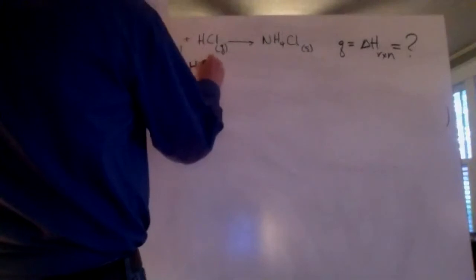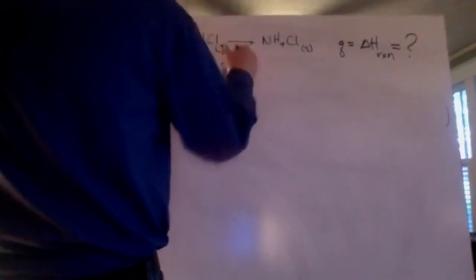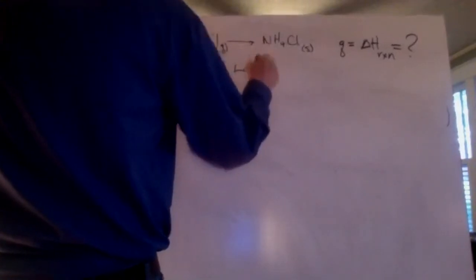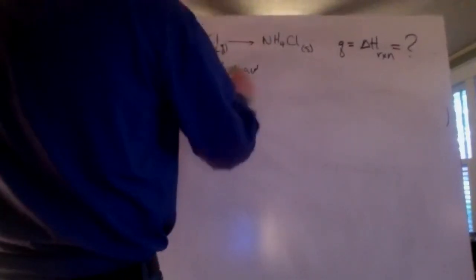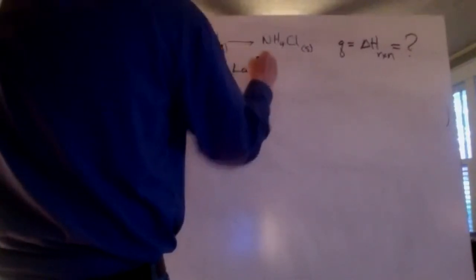And what on earth is Hess's law? This was talked about in one of our video lectures. Hess's law is basically saying that, let's say we have here's our NH3 plus HCl.